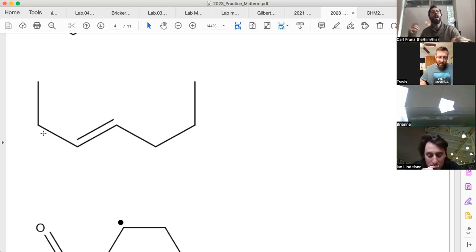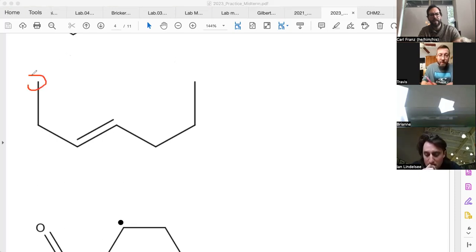Oh, so the two on the very end you're saying are aliphatic? Yeah, so I'm saying that this is an aliphatic because it's not adjacent to any alkene, right? This is an aliphatic, and this is an aliphatic. Not adjacent to any alkene.